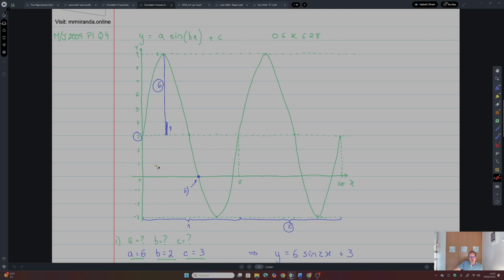Again, it oscillates between 1 and -1, and the line about which it oscillates is y equals 0. But now the line about which this new function is oscillating is y equals 3. Okay? So how much has it shifted up? It has shifted up by 3 units, so c is 3. So the final function is 6 sine of 2x plus 3.